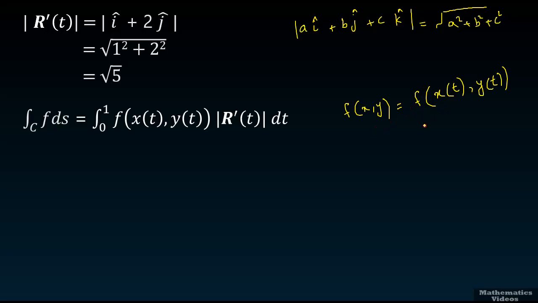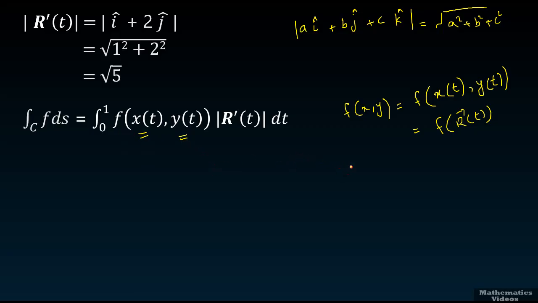This can also be simply written as f of r of t. So f of x of t and y of t is obtained by putting the expression of x of t and the expression of y of t in the given function.